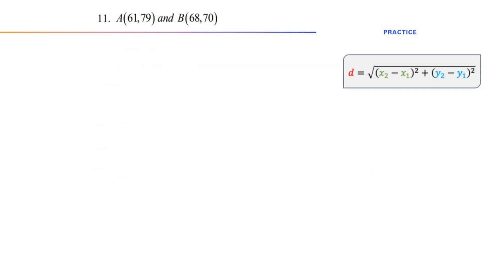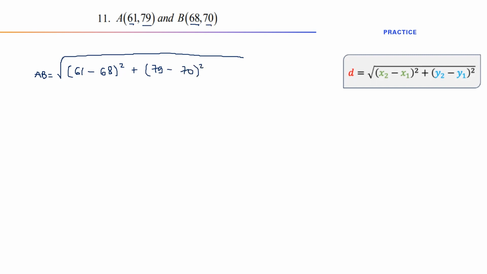Next question, we have AB equals the square root of, now the first number, 61 subtract 68 squared plus 79 subtract 70 squared. Between 68 and 61 the difference is 7.